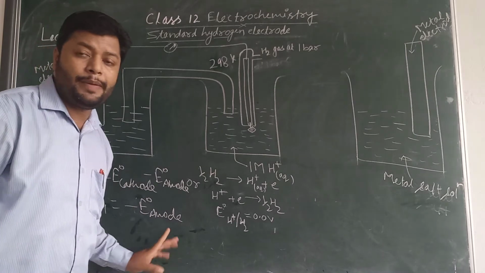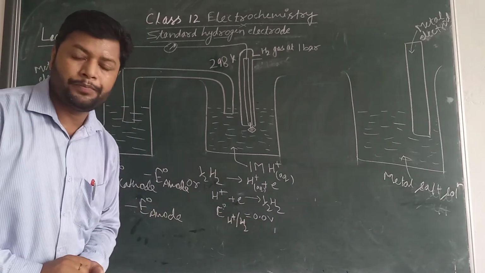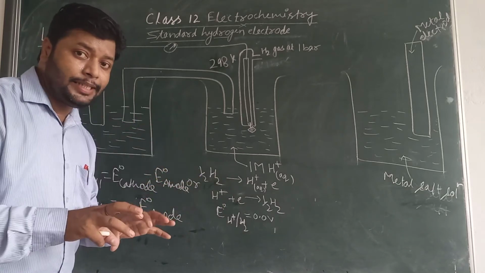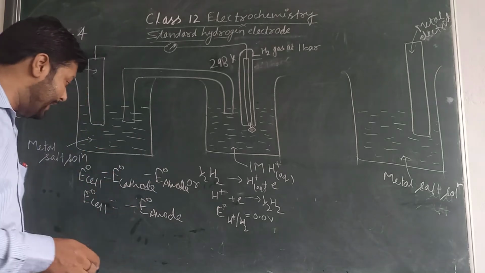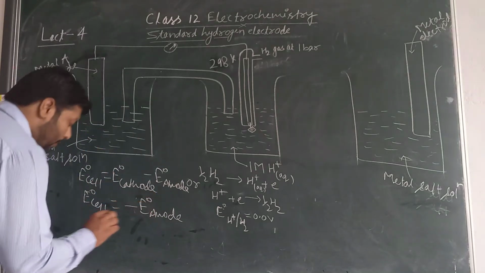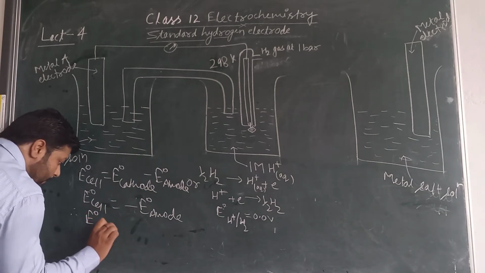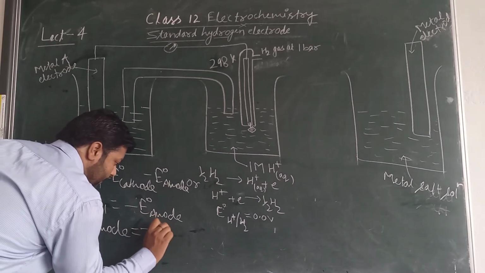Whatever potential is observed in the galvanometer, E naught anode will be minus E naught cell.